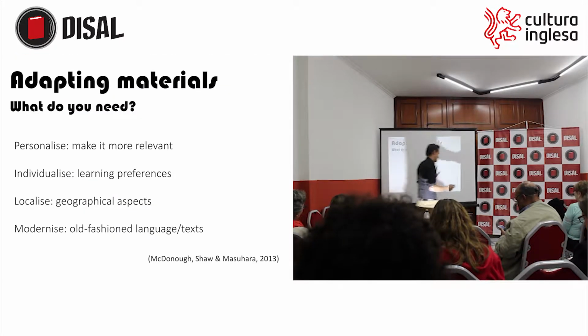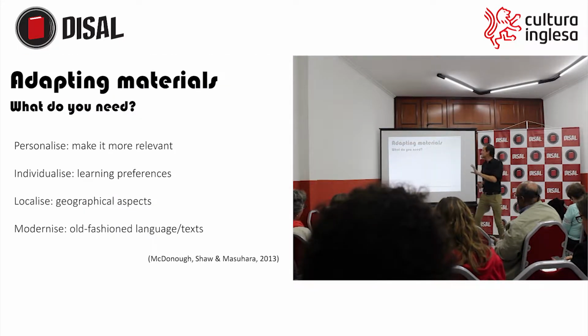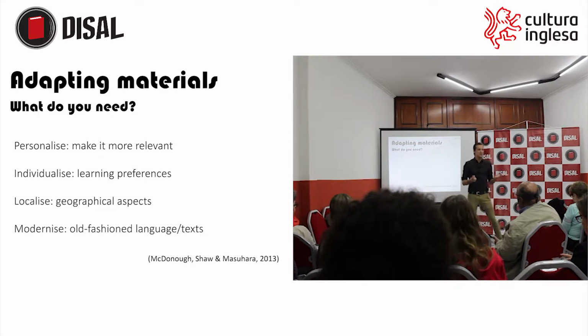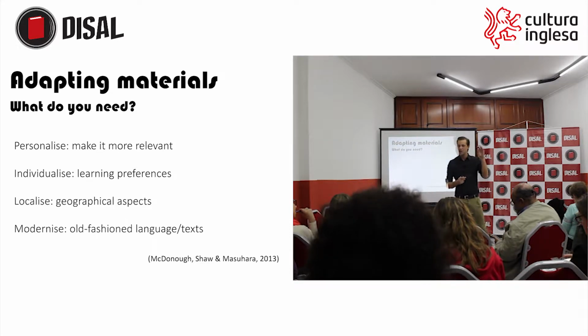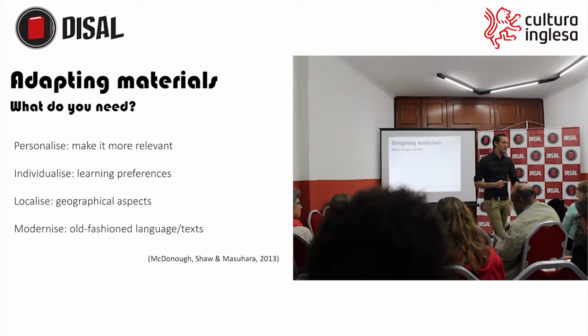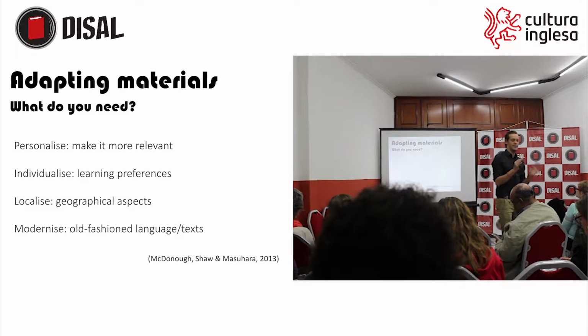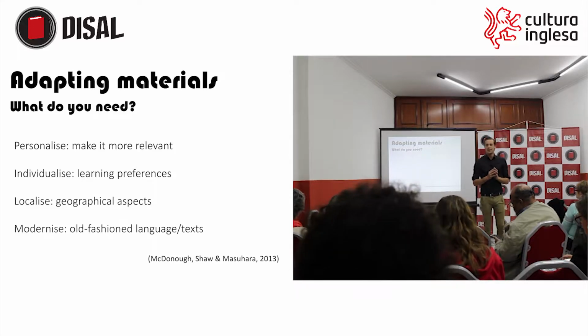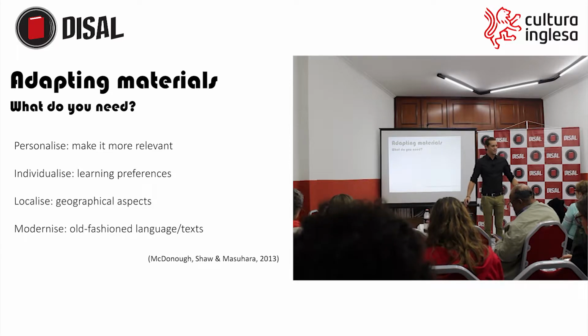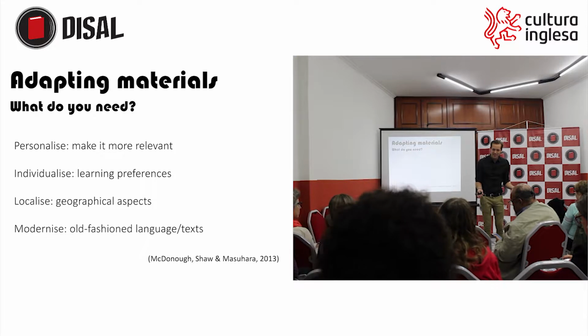So the first thing you need to identify is what you need, right? Because it's not just, oh, I'm teaching, this course book has, in the second unit, lesson 2.3. That's a lesson about likes and dislikes. So I'm going to adapt it. Why? Is there a reason for you to adapt it?